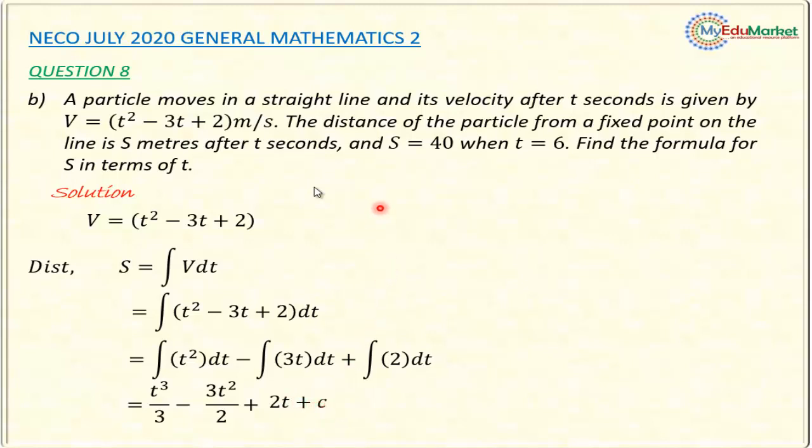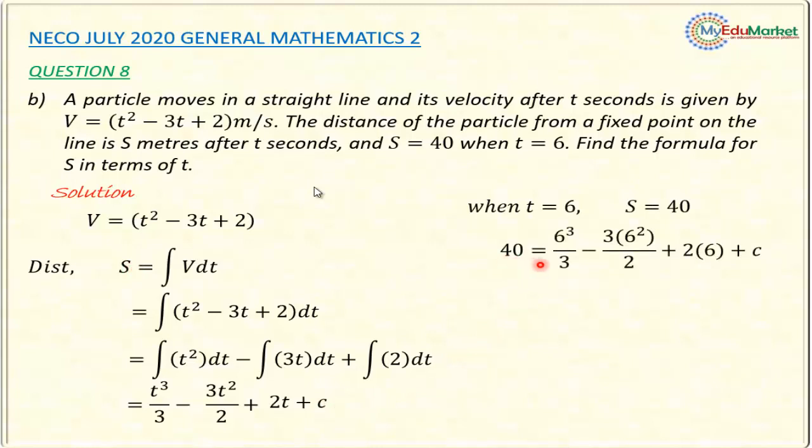So I'm going to use the information that s is 40 when t is 6, so that I can get this constant of integration. Substituting, I'm going to have 40 equals 6 raised to the power of 3 all over 3 minus 3 times 6 raised to the power of 2 all over 2 plus 2 times 6 plus c.